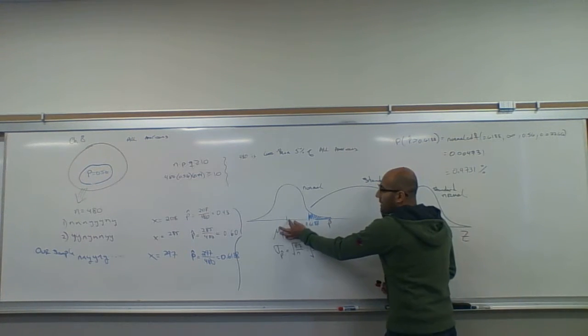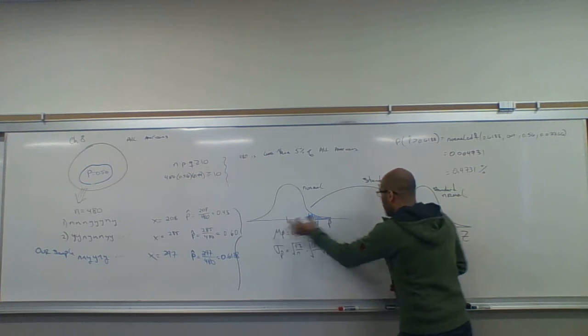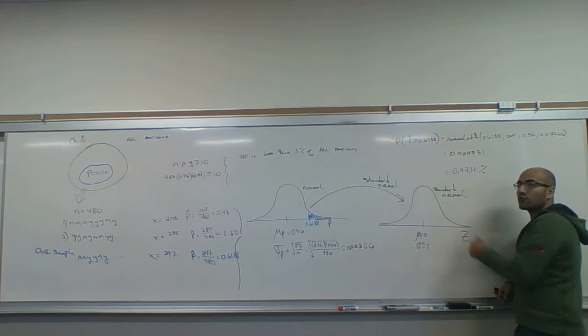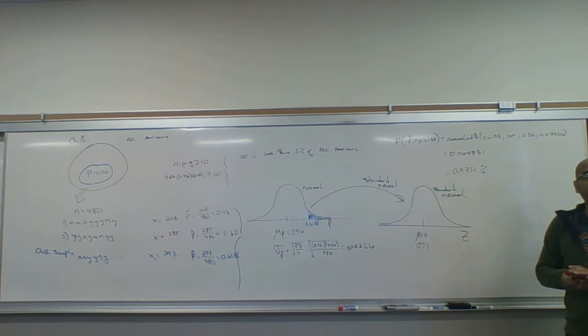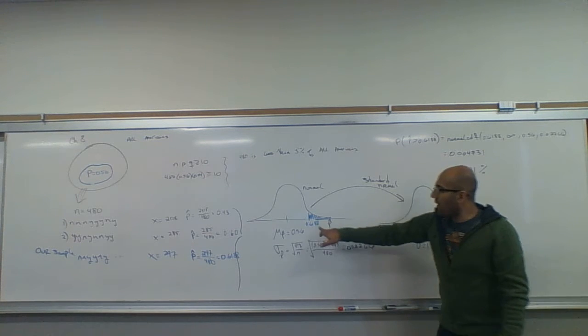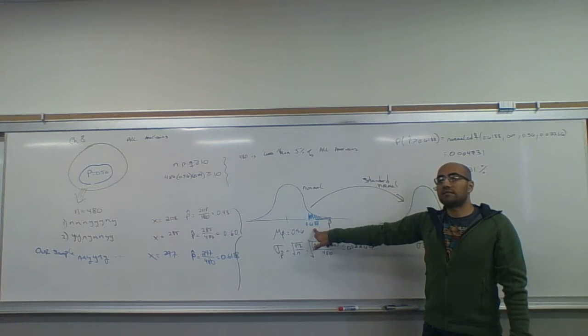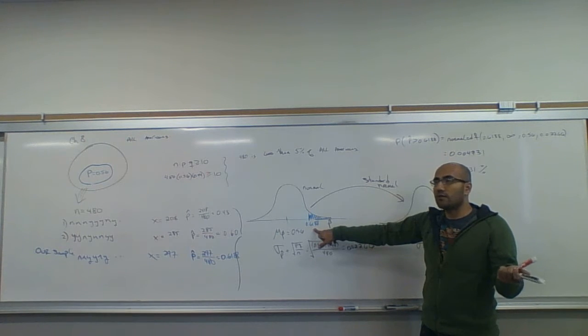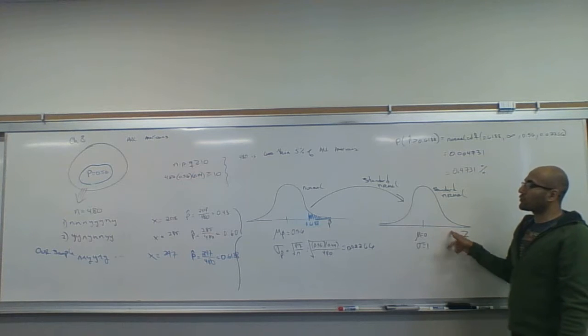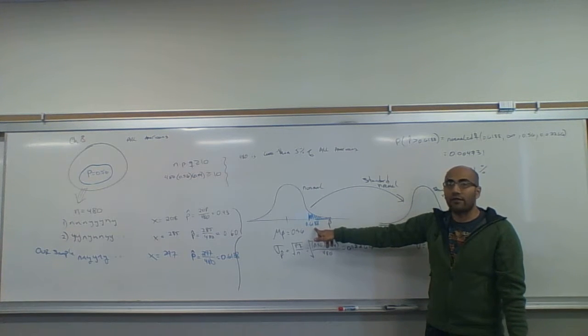So if I went exactly 2 standard deviations here, and exactly 2 standard deviations here, they will both trap the same area under the normal curve. Good? Okay, so we find the z-score. That's exactly what the z-score does. The z-score tells me which z value here is proportionally equivalent to this p-hat value.